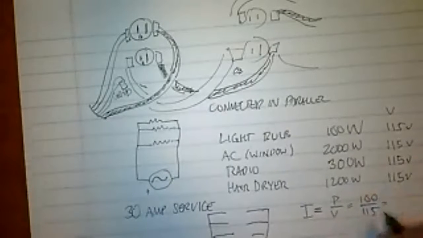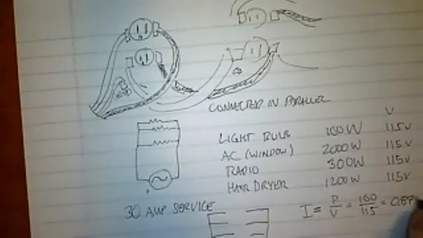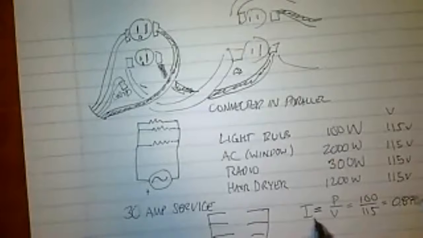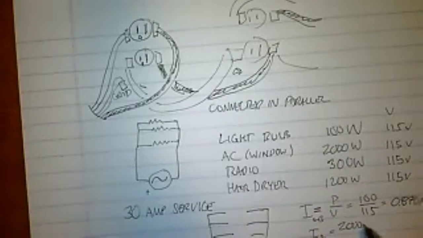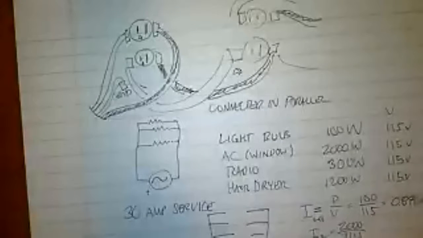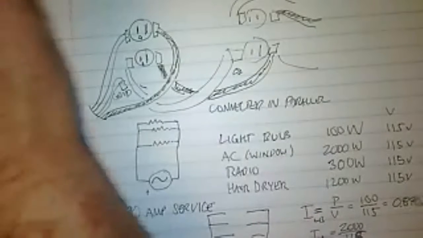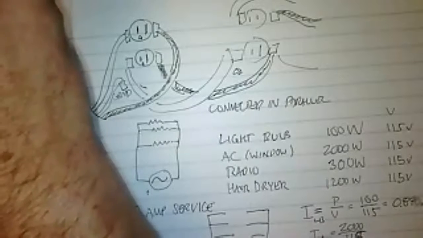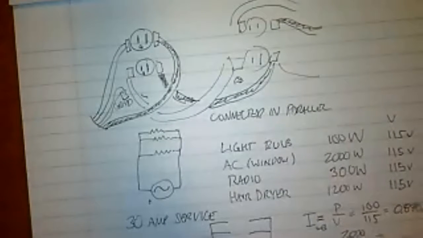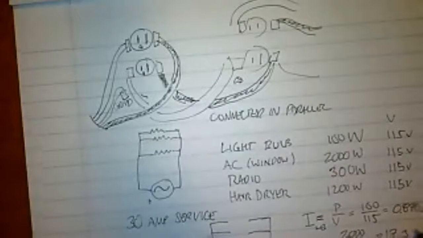So 0.870 amps is that one. That's for the light bulb. The current for the AC unit is in fact 2,000 divided by 115. That gives me 17.39 amps.